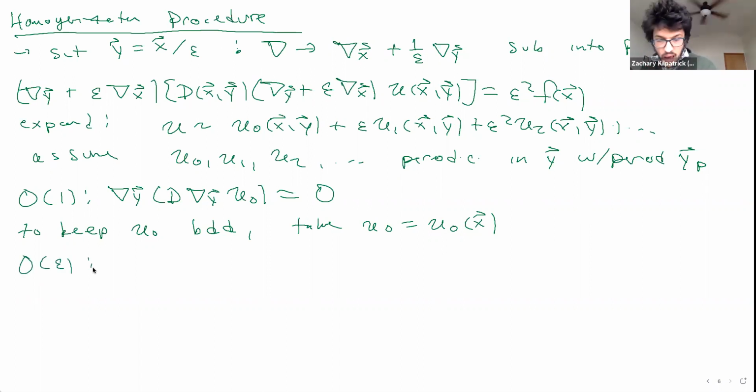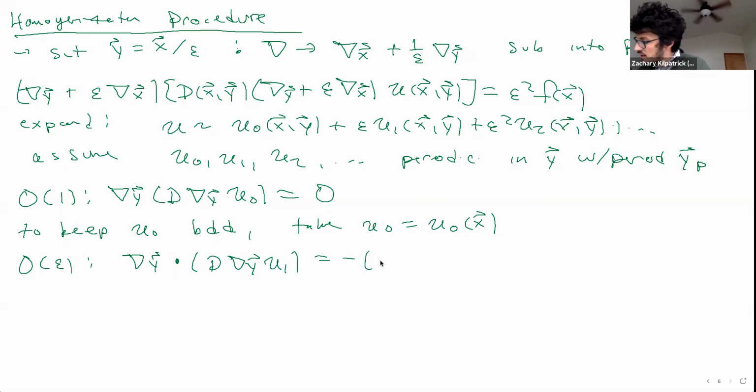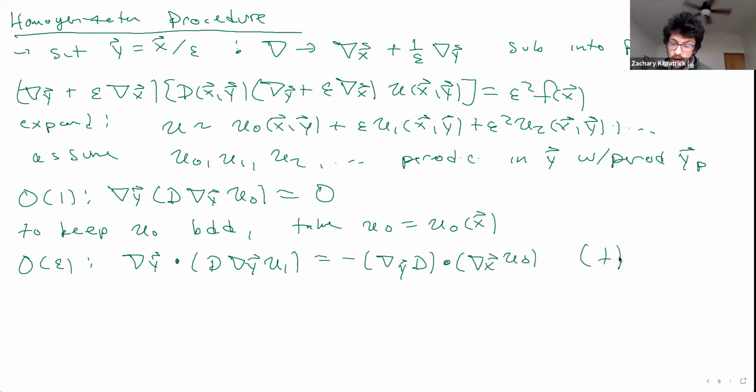So then at order epsilon, what we get is that the gradient with respect to y of the divergence with respect to y of D gradient of y u1, so that same operator that we had before, is equal to this inhomogeneous part, and we're going to call this equation dagger, okay?